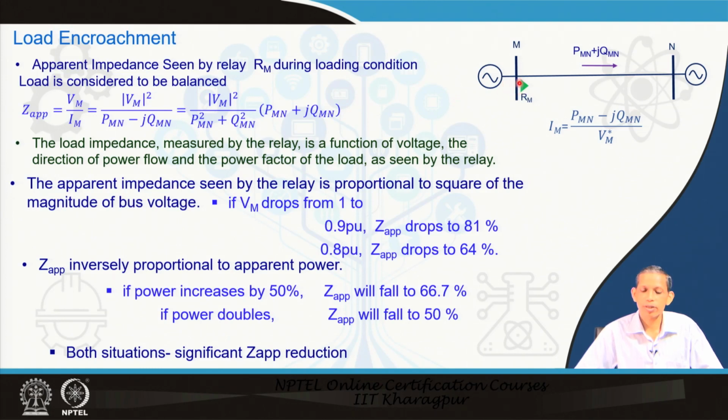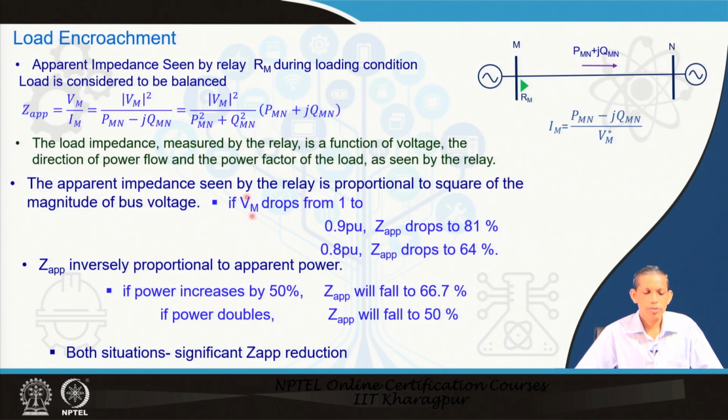So, at that time, during the loading condition of the line, consider how the voltage will be seen by R m, or any other situations that may also lead to a low voltage situation, like a high loading situation. The Z apparent is inversely proportional to the apparent power as compared to these two terms.